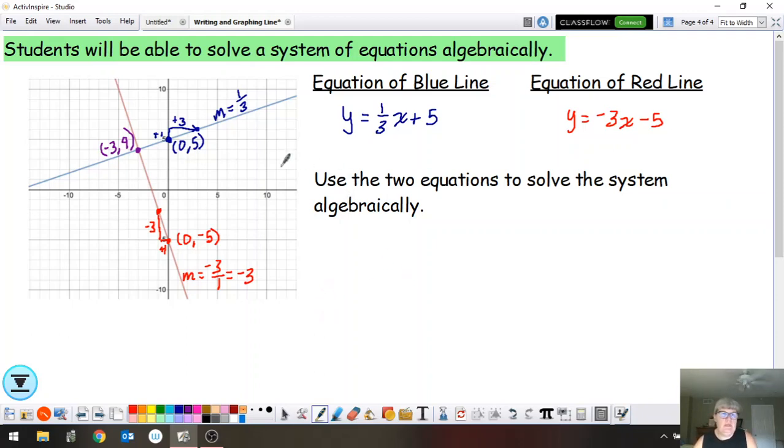Now, something I know is that 4 is in common. The y value is the same for both of these.